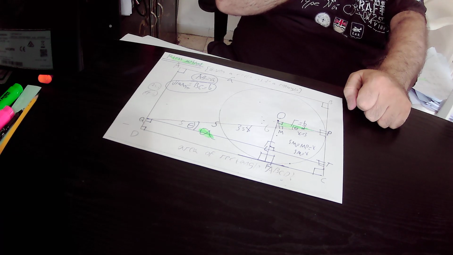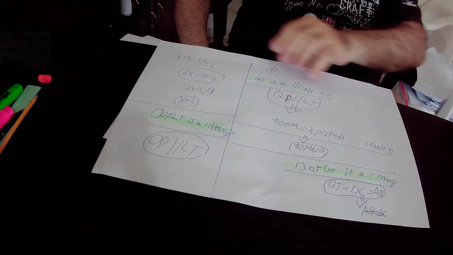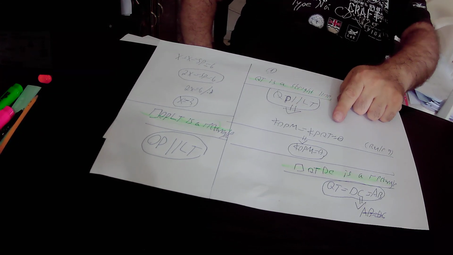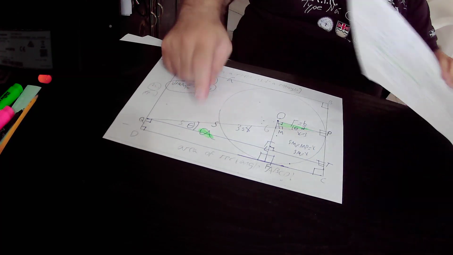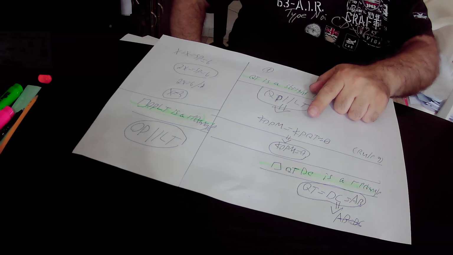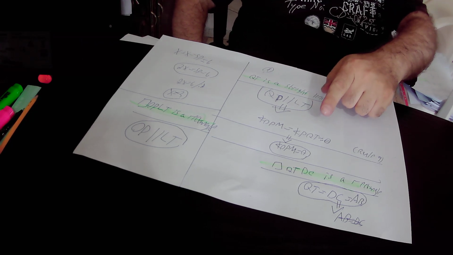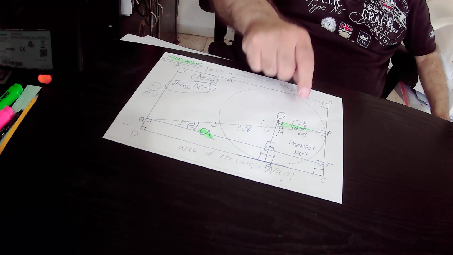That is to say angle MPO equals angle PQT. So if we define angle PQT as theta, then from this equation we derive that angle OPM is also equal to theta. This angle is also equal to theta.